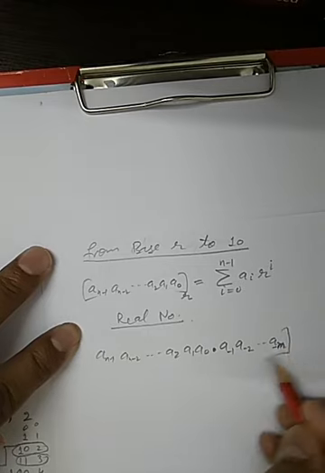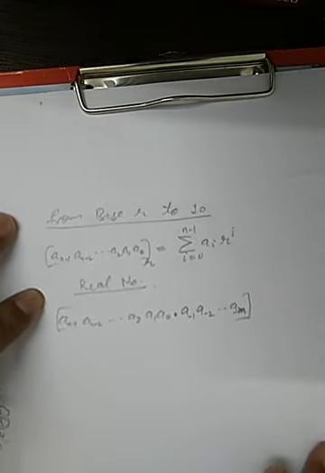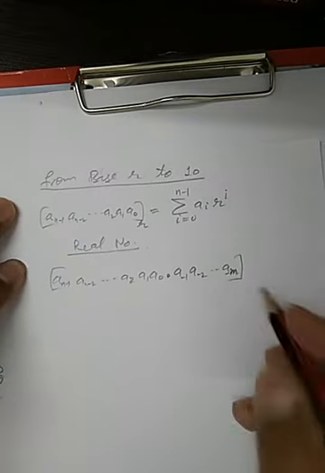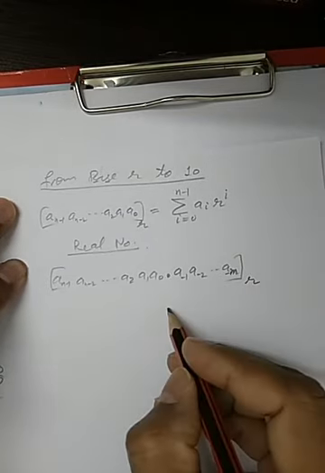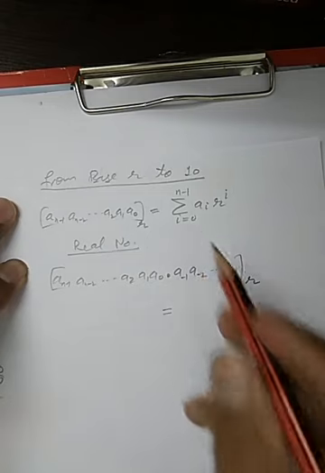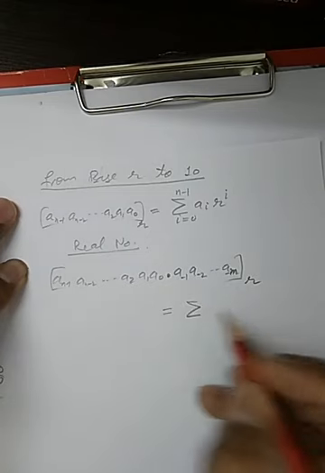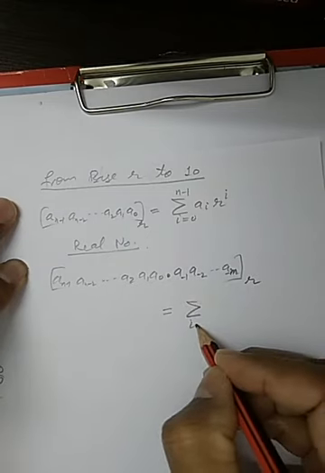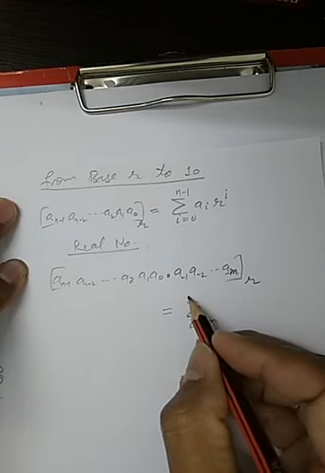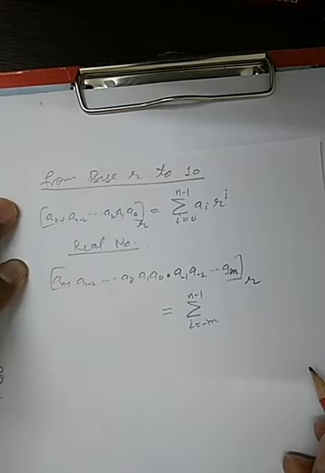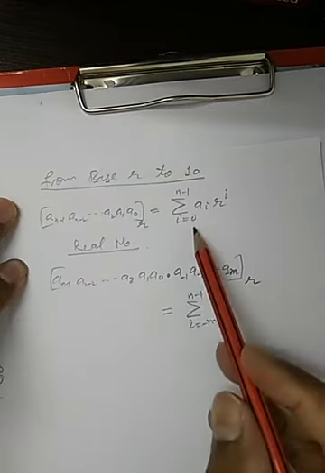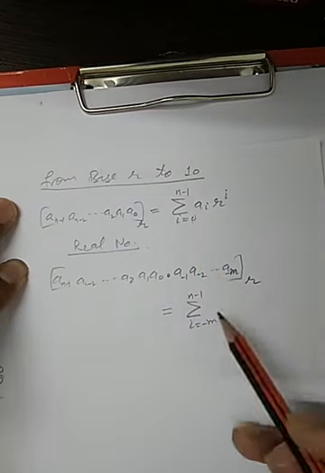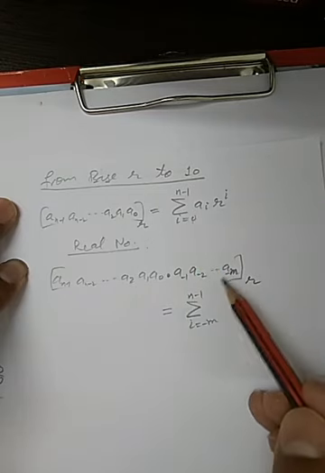This is a number at any base R. So again the formula will be the same. Conversion will happen in this way: i equal to minus m to n minus 1. Only the range will differ. Here it was starting from 0, now it will start from minus m.